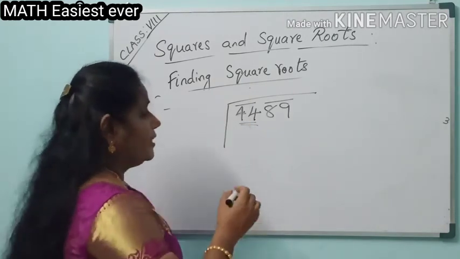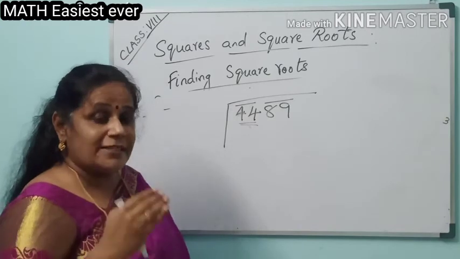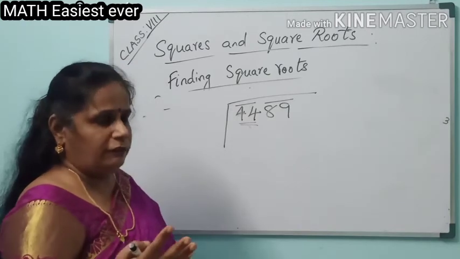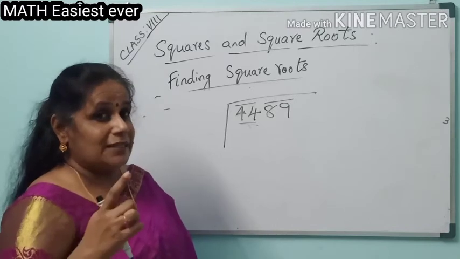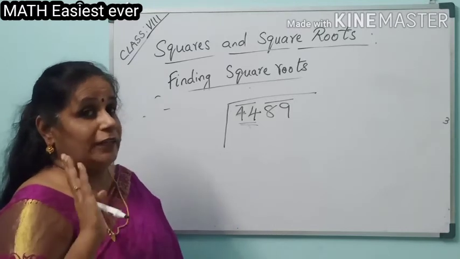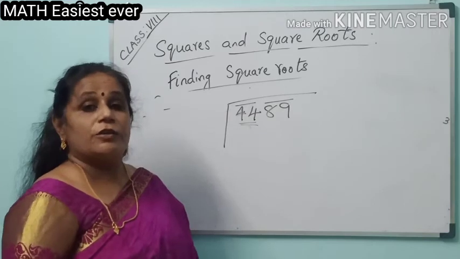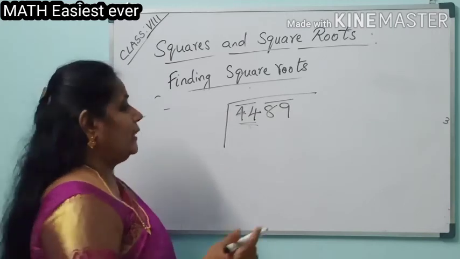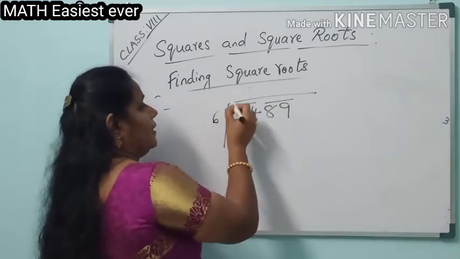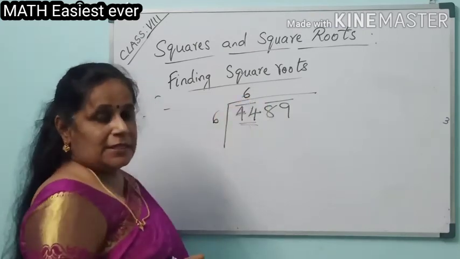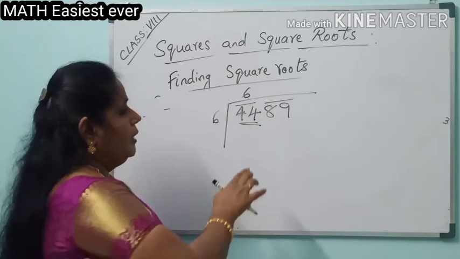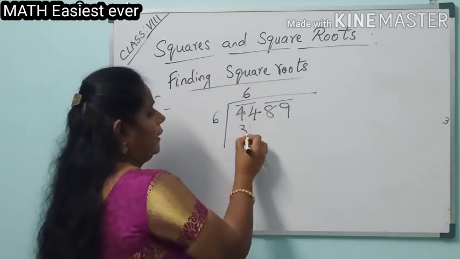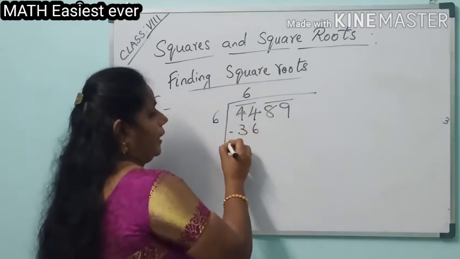You have to find the square number which is less than or equal to 44. 5 5s are 25, 6 6s are 36, 7 7s are 49. 49 is more than 44. So 6 6s are 36, the nearest to 44. So you write 6 here and 6 here. You write 36 here and subtract it.